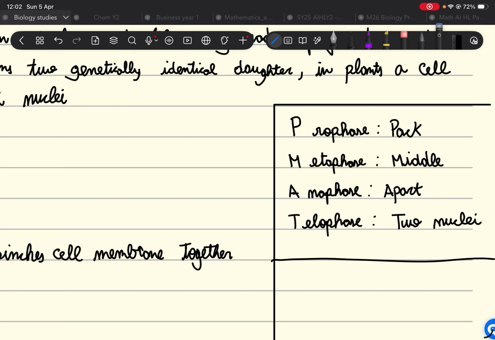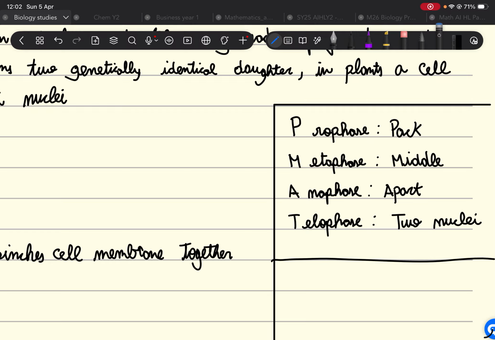So you're packing the genetic material into chromosomes, okay? Instead of being chromatids, which is like these lines, we're packing it so it can protect the genetic material.